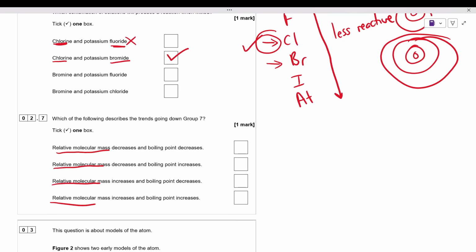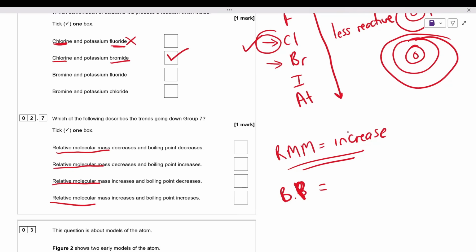We know we're going down the group, and as we're moving down the group, the relative molecular mass is going to increase. Now we need to find out what is happening to the boiling point, BP, sorry, not BB.